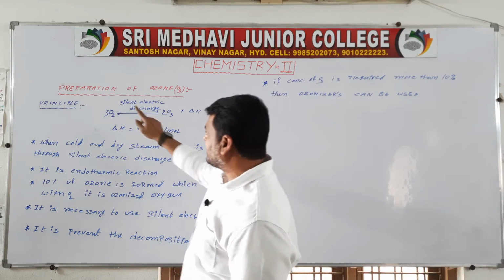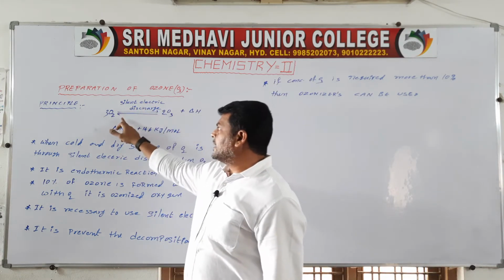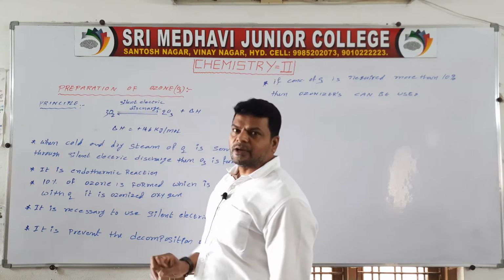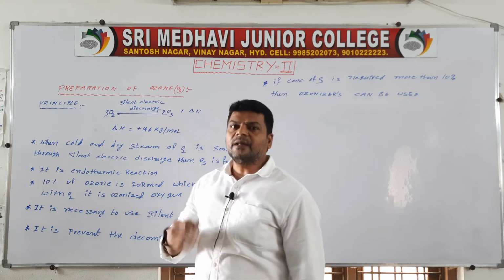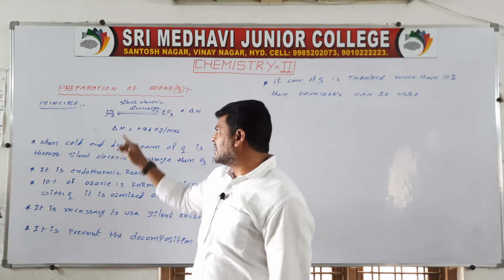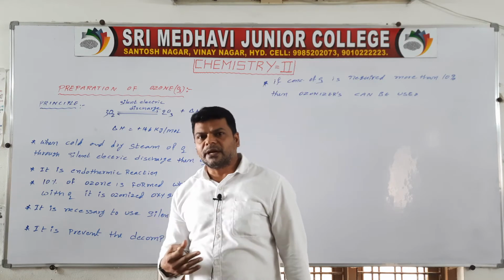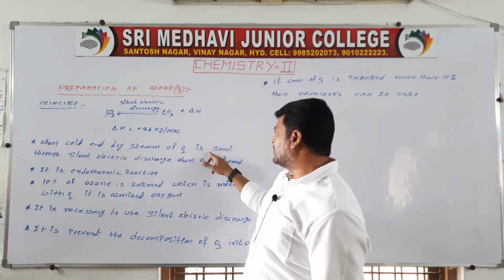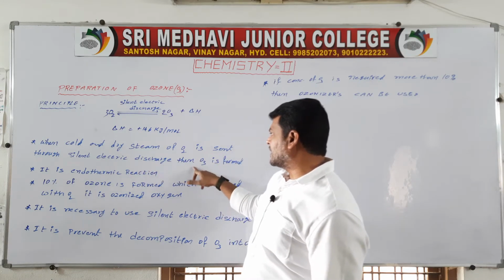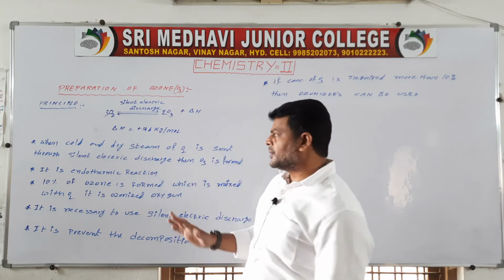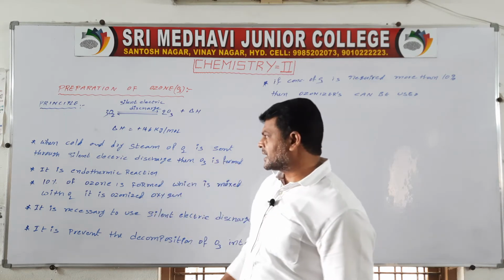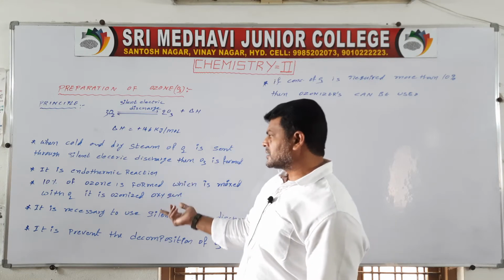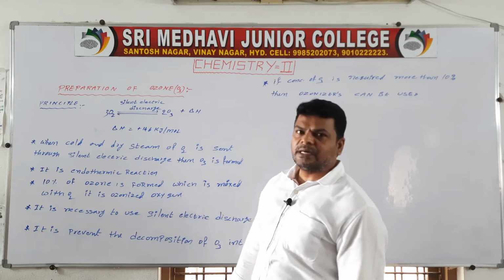So what I mean to say here: as the principle, 3 molecules of O2 sent into silent electric discharge give rise to 2 molecules of O3, with delta H equal to 146 kilojoules per mole; energy is required. When cold and dry stream of O2 is sent through silent electric discharge, O3 is formed. It is an endothermic reaction. 10% of ozone is formed, mixed with oxygen, which is ozonized oxygen.